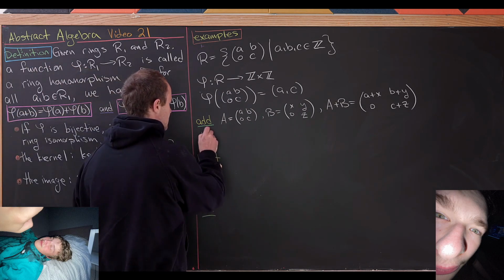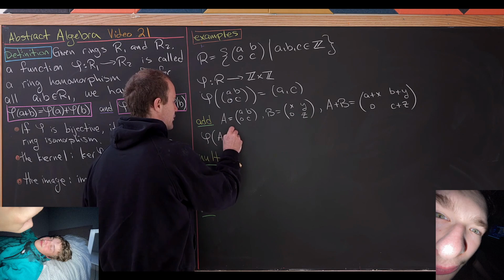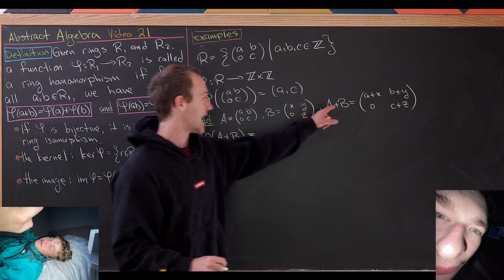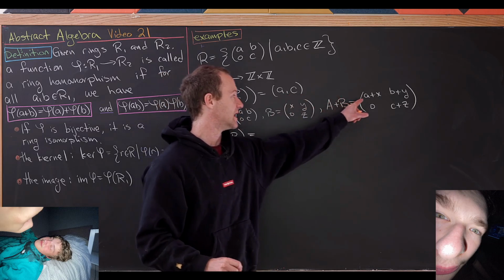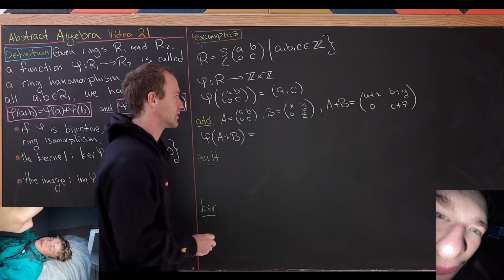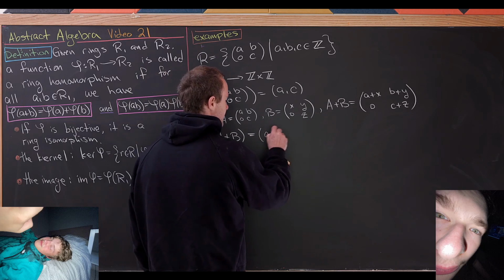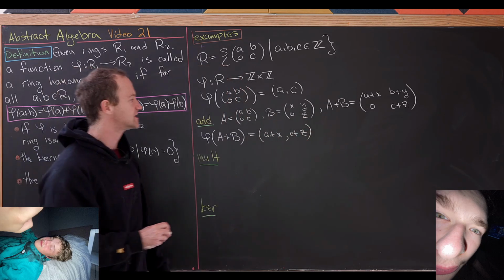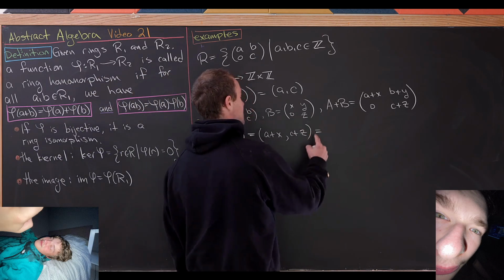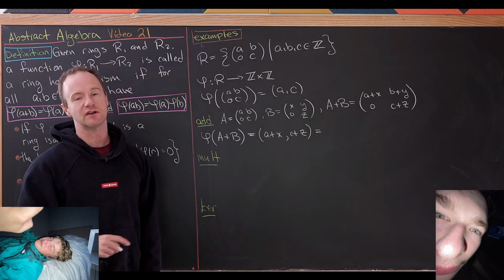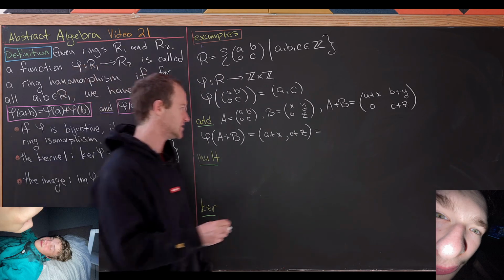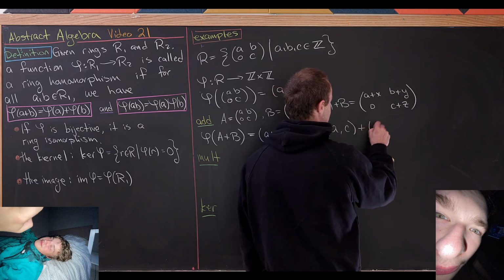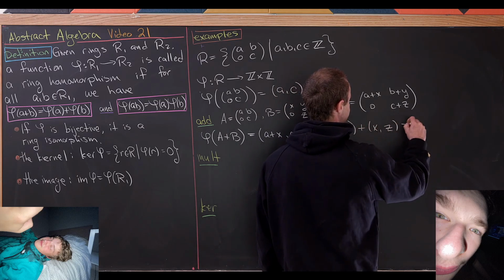Okay, so now let's look at phi of A plus B. And notice that that will be exactly the ordered pair made of the diagonal entries of A plus B. So that'll be a plus x, comma, c plus z. But now let's notice that this can be decomposed using the fact that Z cross Z has component-wise addition into a comma c plus x comma z.